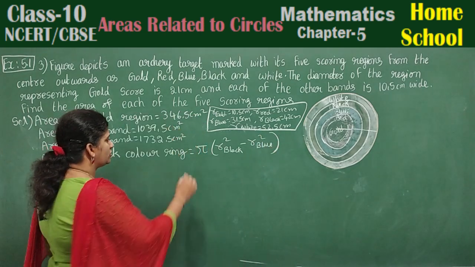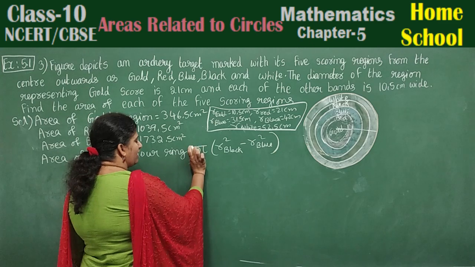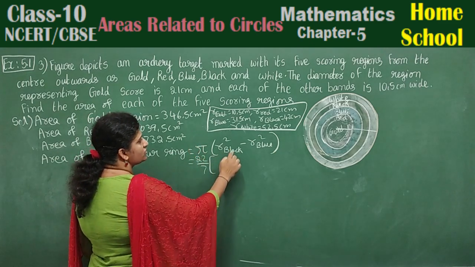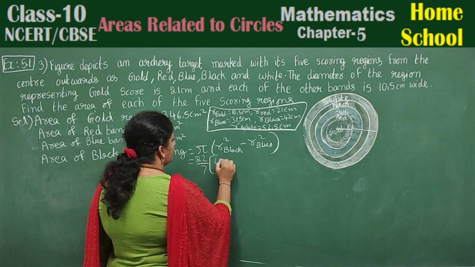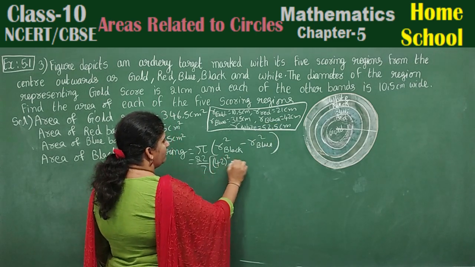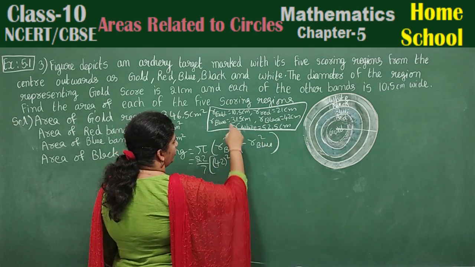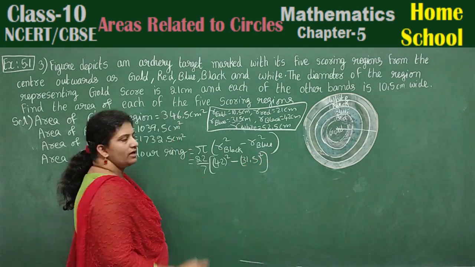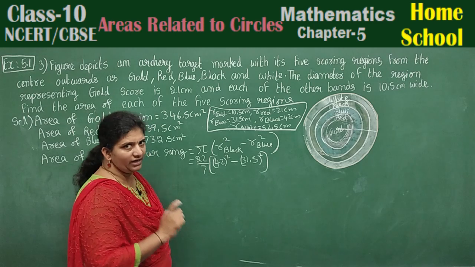So now substitute here. Pi value is 22 by 7. Radius of black is how much? 42 whole square minus radius of blue 31.5 whole square. Understand ring formula carefully.